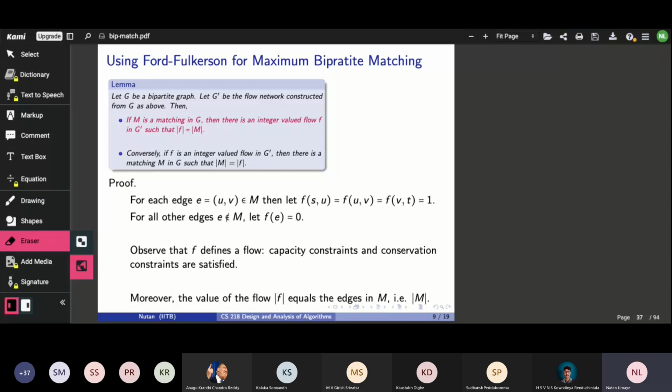Okay, so that's really it. This shows that if I am given a matching in the graph G, then I can construct a flow in G prime. And the value of the flow equals the size of the matching.